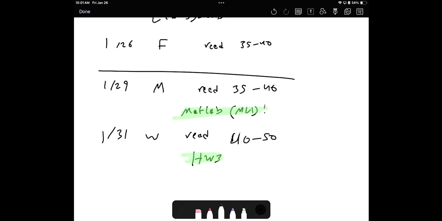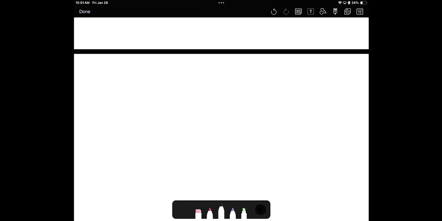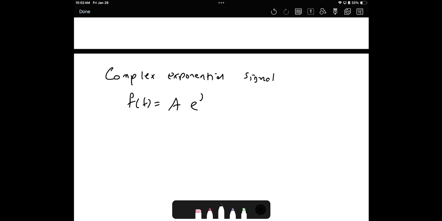Now, let's start today's lecture. So, again, the complex exponential signal, as we discussed last lecture. It can be, for example, f of t or y of t, whatever we can call it, a e power j omega plus theta times t.